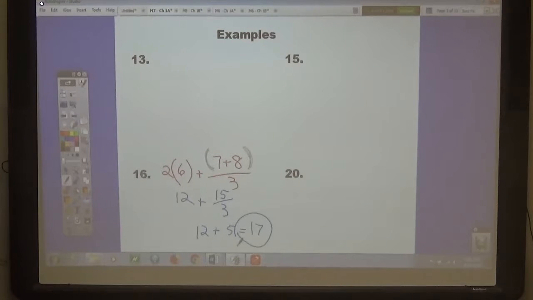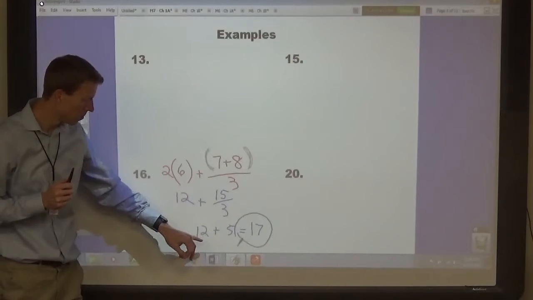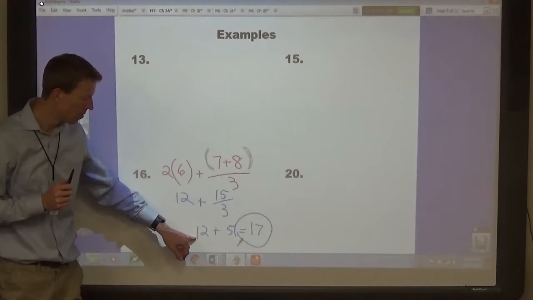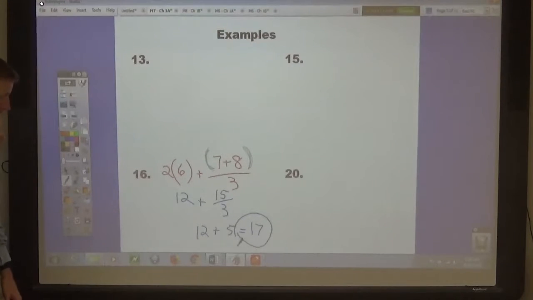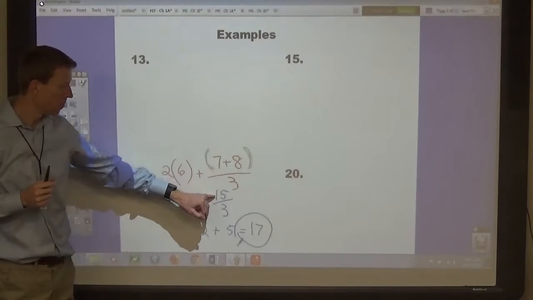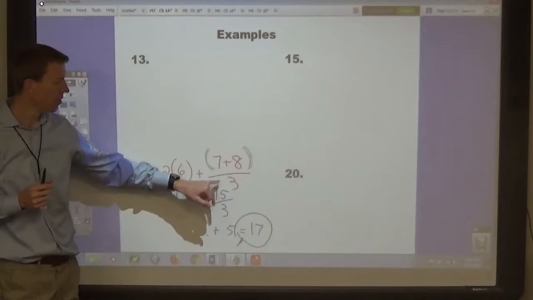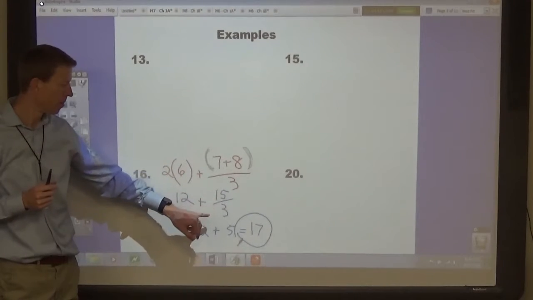Anything else? Why can't you just do 12 plus 5 and then just do 17? Why do you have to do the extra? Like, why can't you just do 15 divided by 3 right away? Because it's a simple number, everybody should know. You mean why do you have to show all the steps?